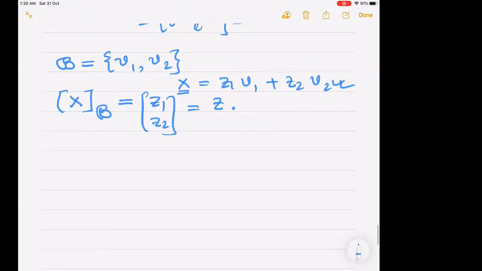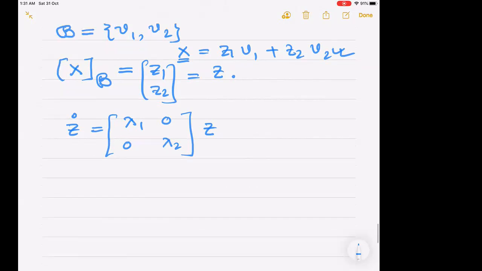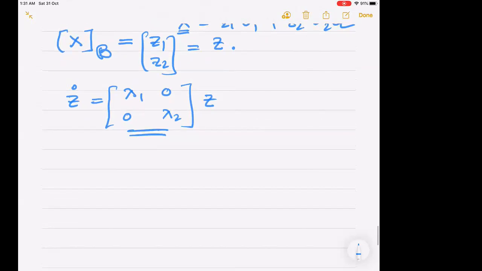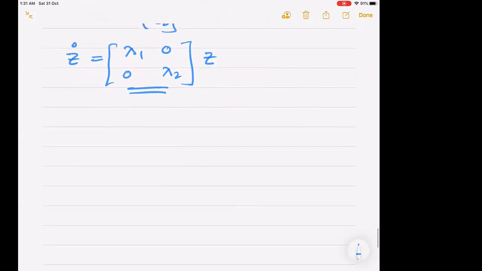And in this situation, z dot is given by lambda 1, 0, 0, lambda 2 into z. This is the decoupled equation that it follows. And what is this matrix, by the way? Notice what equation we have.